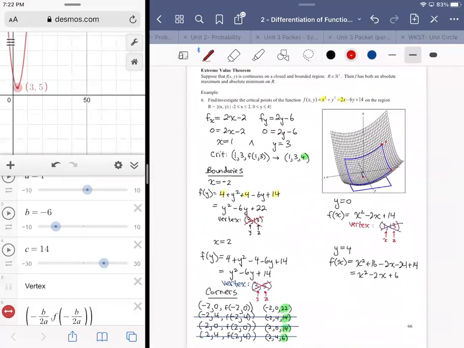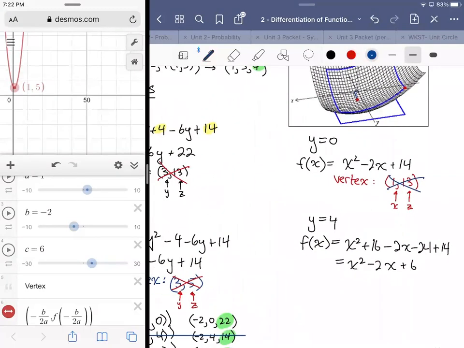And then finally 1, -2, 6 gives a 1, 5, so same deal. That's X against the Z.